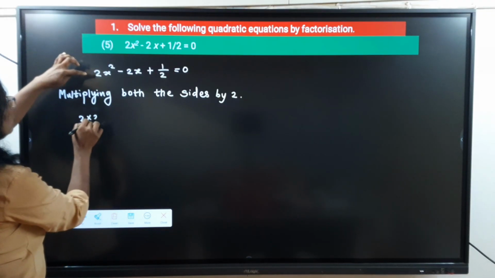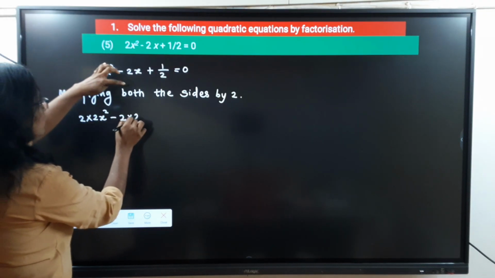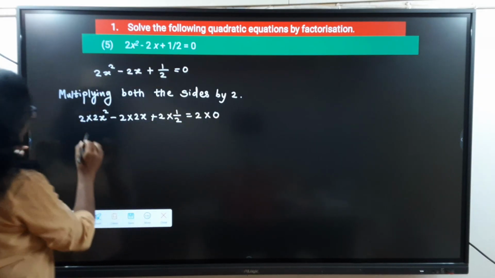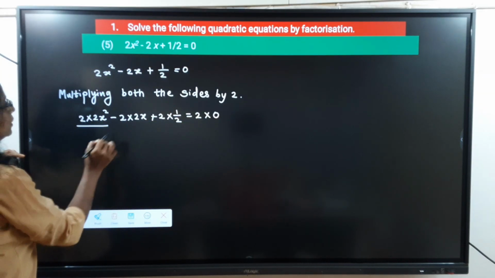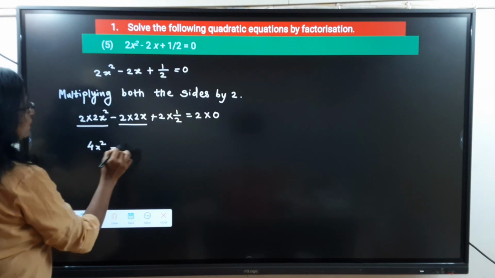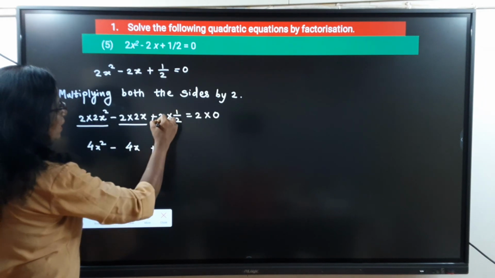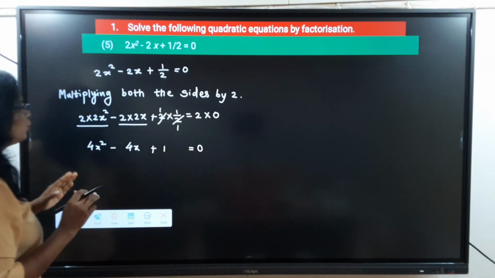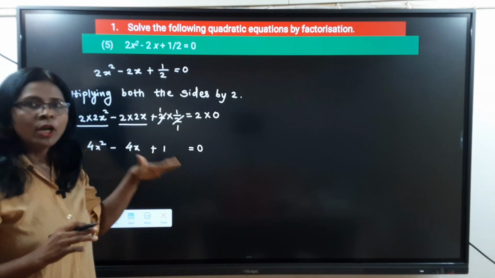Therefore 2 multiplied by 2x square minus 2 multiplied by 2x plus 2 multiplied by 1 upon 2 is equal to 2 multiplied by 0. Therefore 4x square minus 4x plus, the 2s cancelling out, plus 1 is equal to 0. Okay students, so this is our simplified quadratic equation.